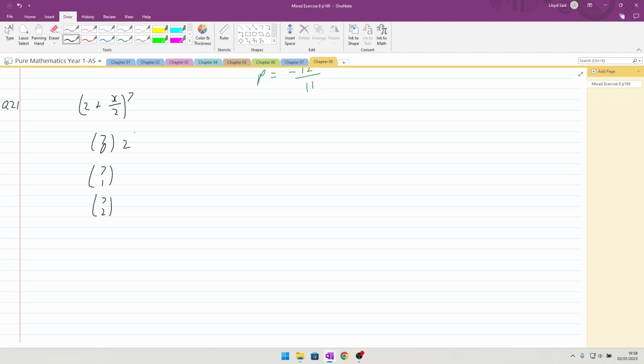We're going to have 2 to the power 7, 2 to the power 6, 2 to the power 5, and then x over 2 to the power 0, x over 2 to the power 1, and x over 2 squared for the first 3 terms.